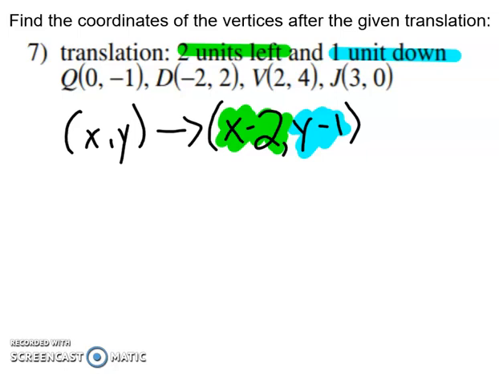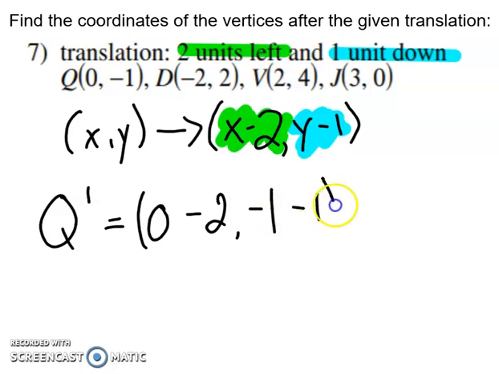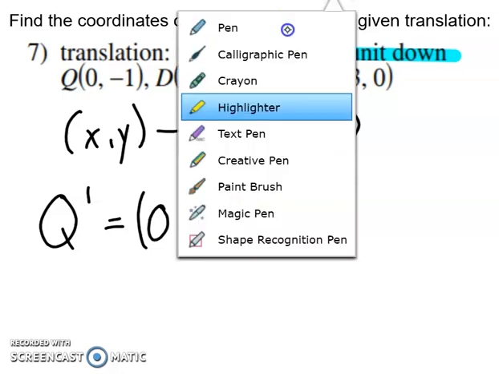Q was 0, comma, negative 1. So I want to take 0 and subtract 2. So Q prime becomes 0 minus 2, comma, negative 1 minus 1. And remember, this minus 2 is coming from our rule as well as this minus 1.